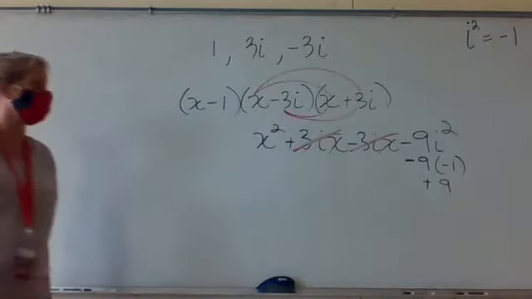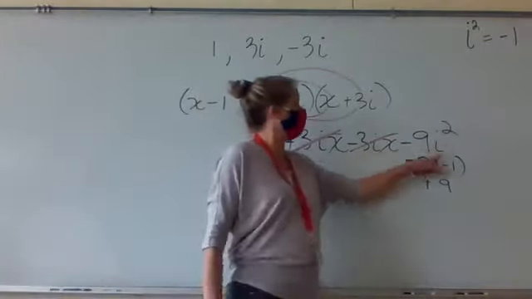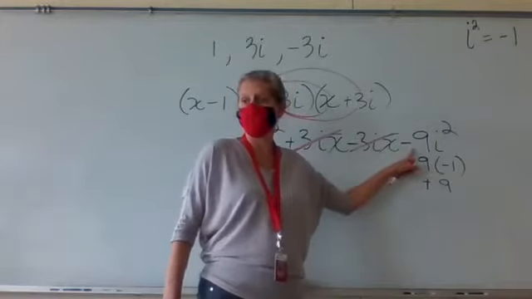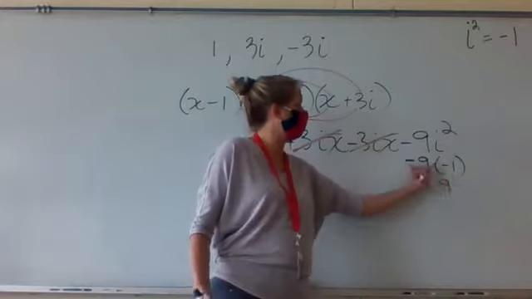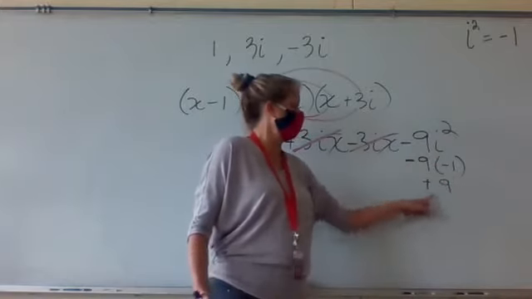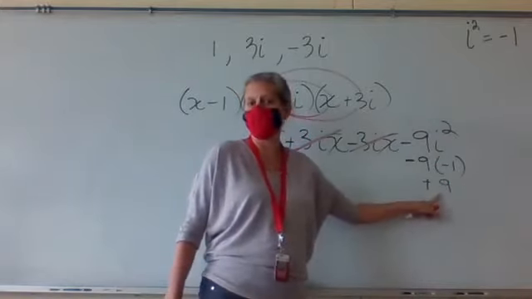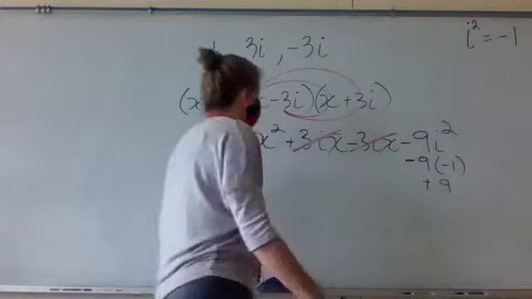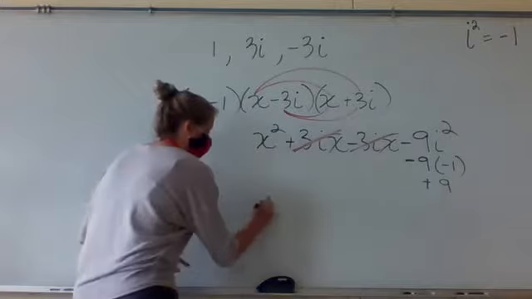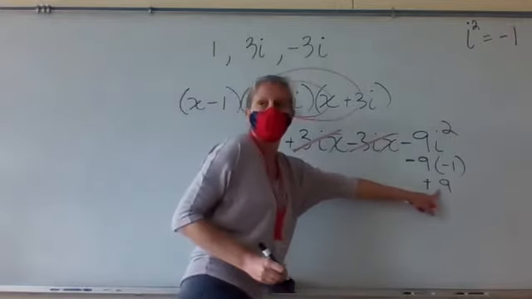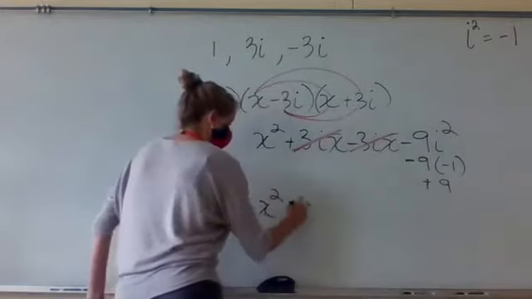So in other words, if you have an i squared hooked onto your term, that's essentially multiplying your term times -1, which just does what? Changes the sign of that term. So what am I left with here? All I'm left with is this x squared plus 9.